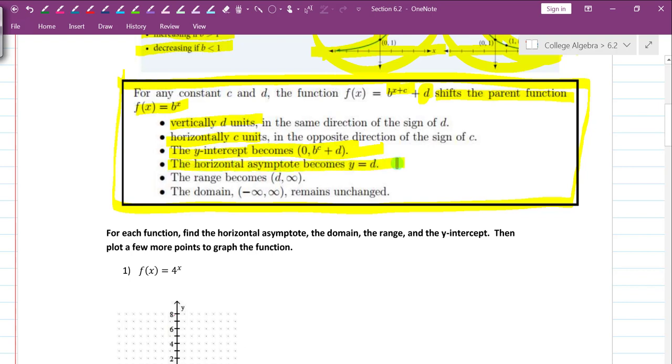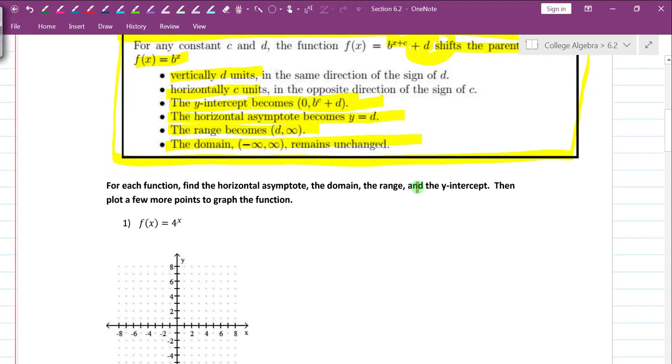The horizontal asymptote shifts however many units are associated with our vertical shift d, up or down. Our range also is affected by our vertical shift, and then our domain is consistent and stays as all real numbers, negative infinity to positive infinity.